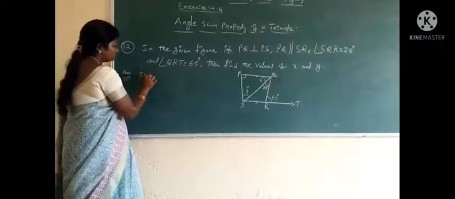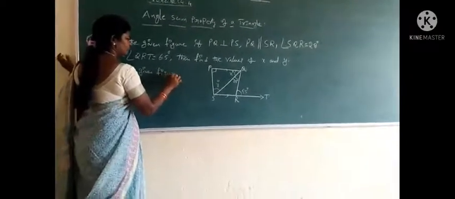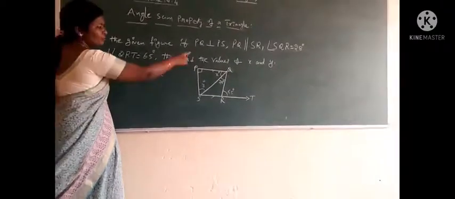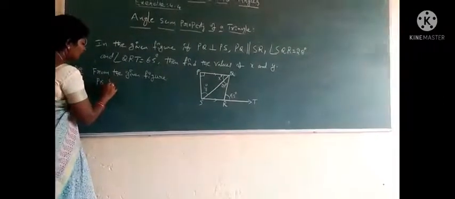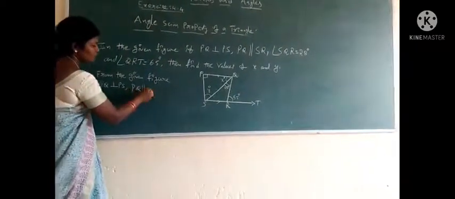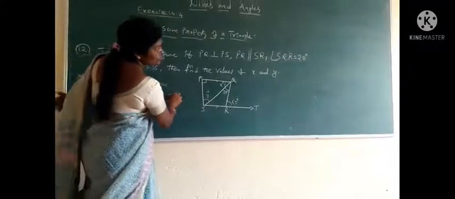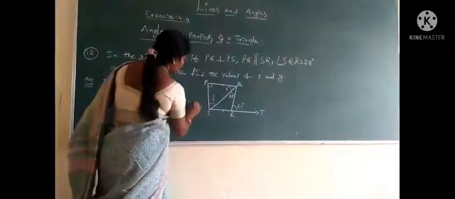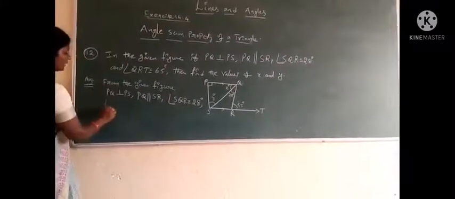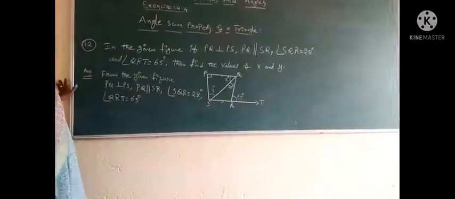From the given figure, PQ is perpendicular to PS and PQ is parallel to SR, and angle SQR is equal to 28 degrees, and angle QRT is equal to 65 degrees.